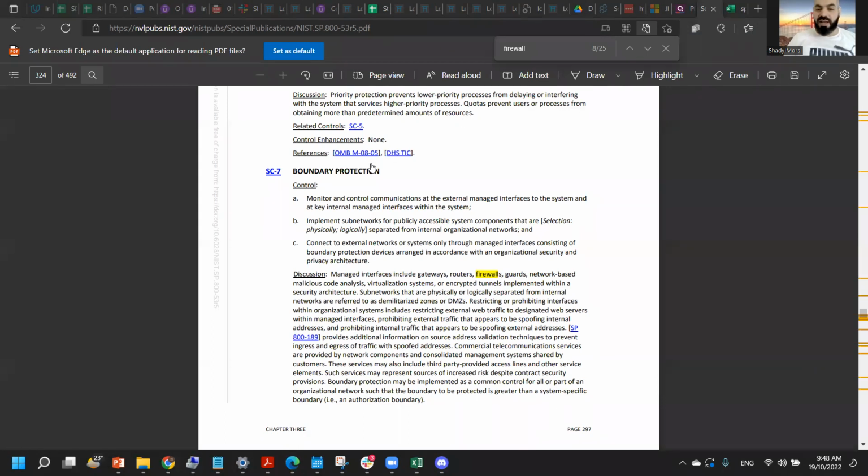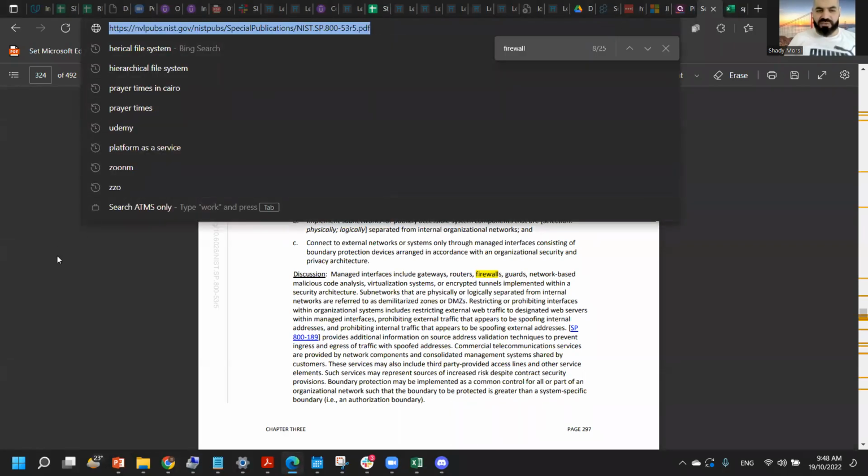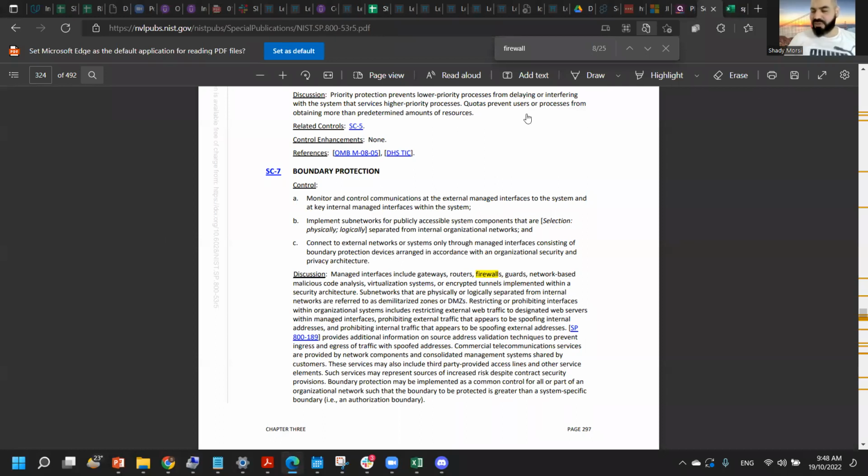Okay, guys. I was looking for the NIST publication, which is 853 revision 5. So you can see this is revision 5. I found the PDF. I found it weird that there was no mention of firewall, but under this section in NIST publication 853 revision 5, there's something called boundary protection.